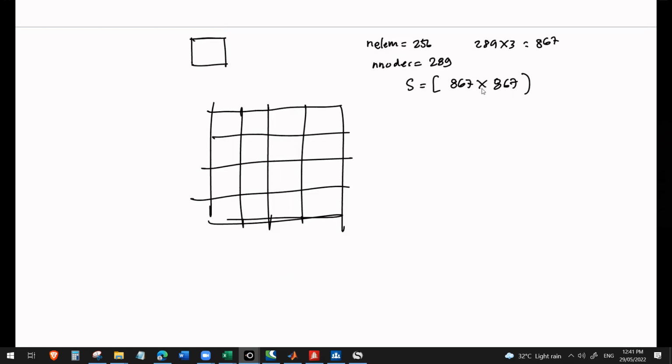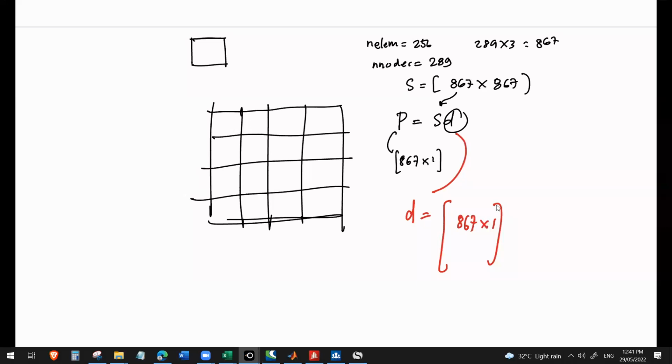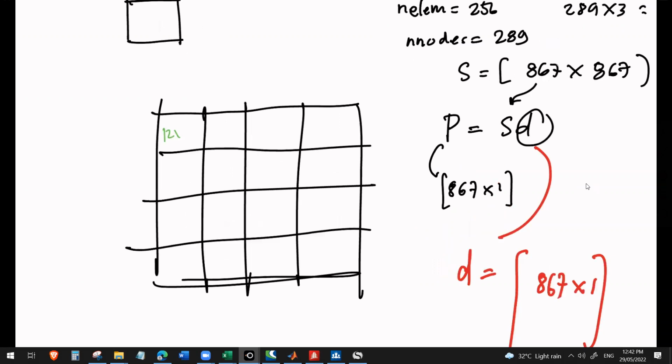Then, again, P is equal to SD. So 867 by 867. Of course, your force vector will be 867 by 1. So your displacement D is an 867 by 1 vector. So from a 12 by 12, this is a 12 by 12.